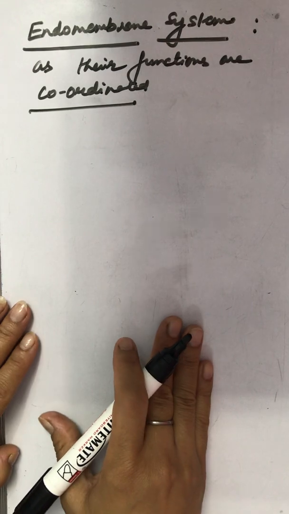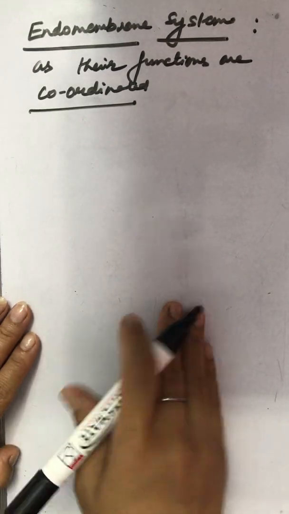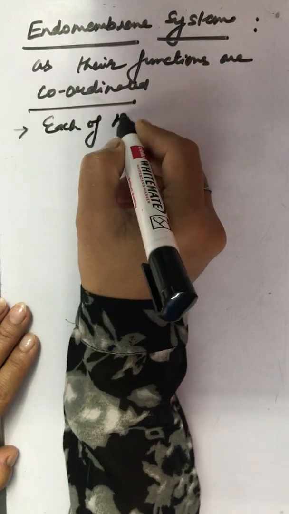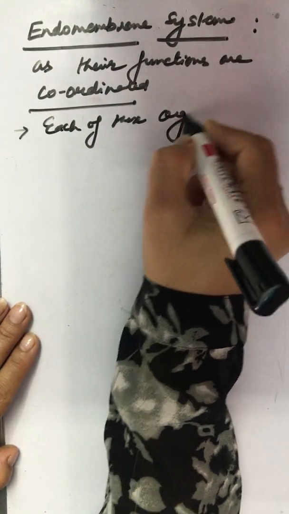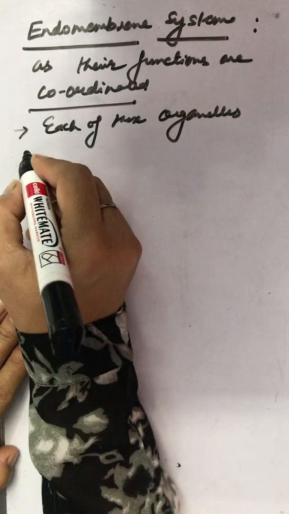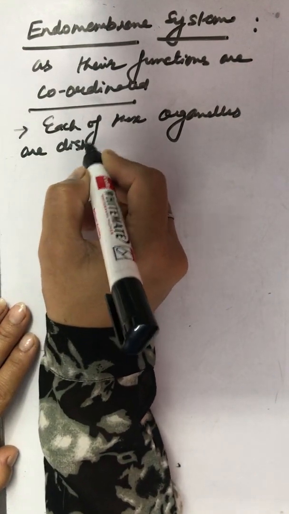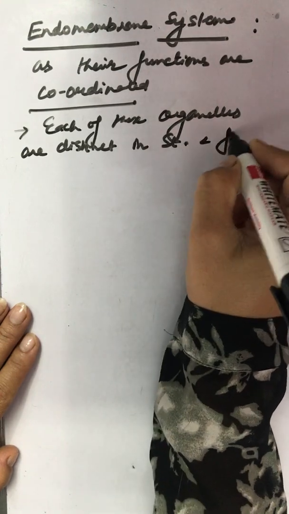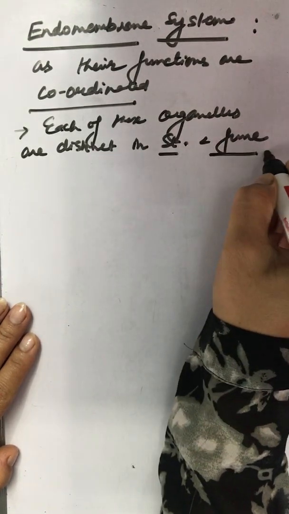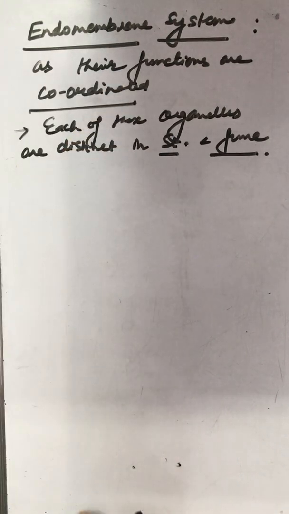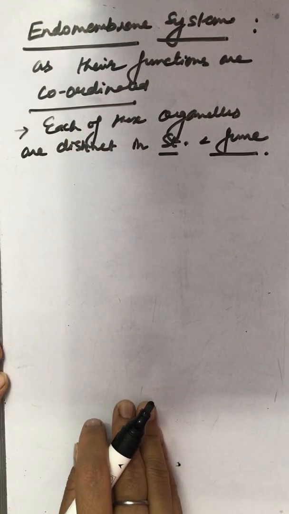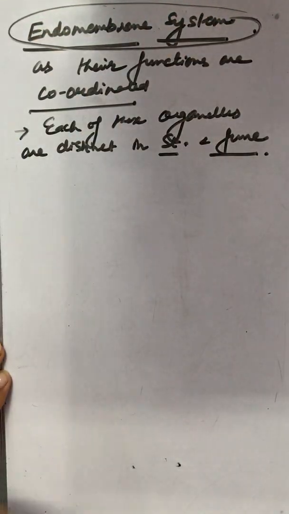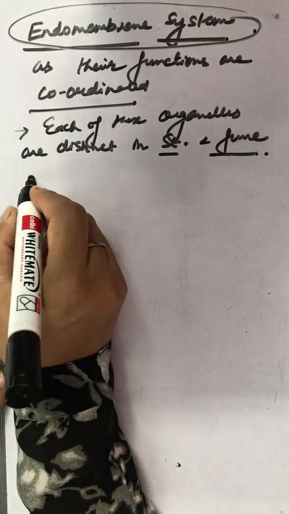Each of these is distinct in terms of structure and function, no doubt. Each of these organelles is distinct in structure and function, but yes, their functions are coordinated. That's why they are kept together as an endomembrane system. So which organelles are included here?